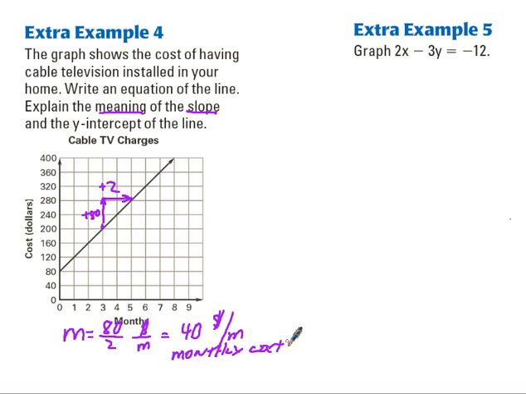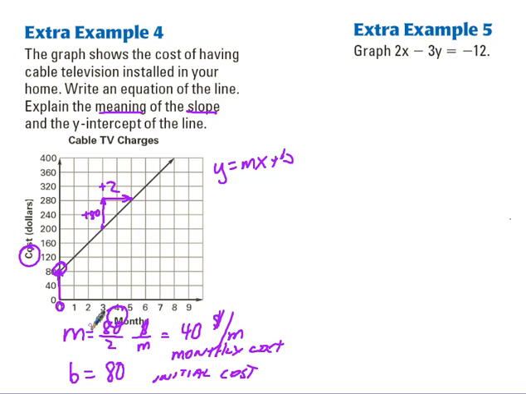And then they ask us, what is that y-intercept, or b? That's this value here. So at time 0, it costs $80. So we have a y-intercept of 80, so this is your initial cost. And now we can go ahead and write an equation. We'll use the slope-intercept form since we have the slope and the y-intercept. And I'm going to change variables. I'm going to use a c for my y and m for my month.